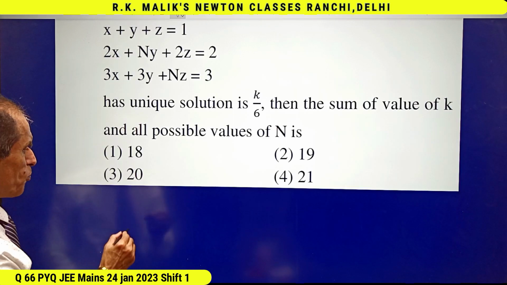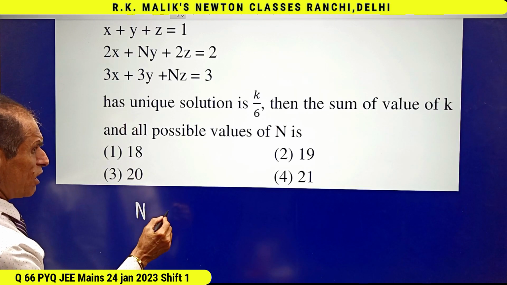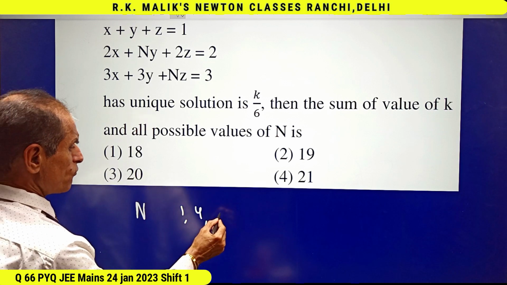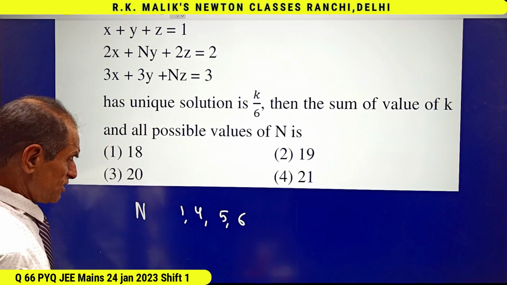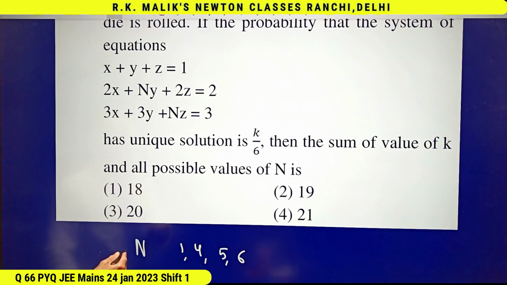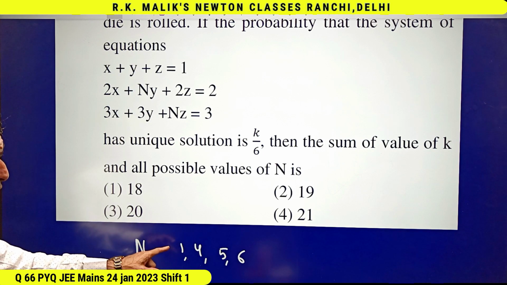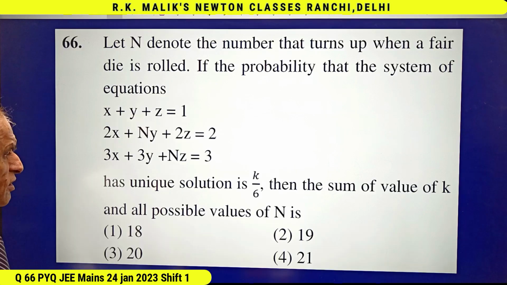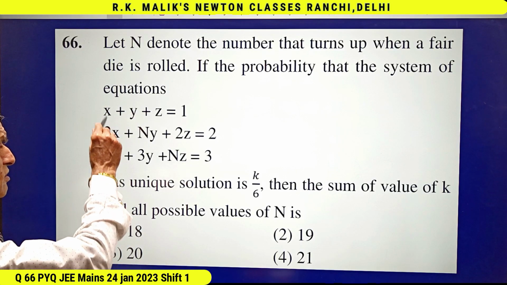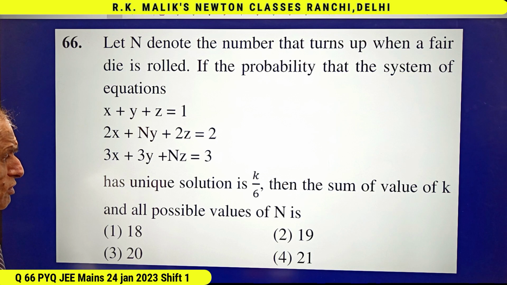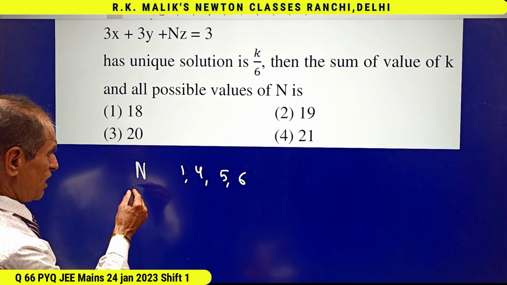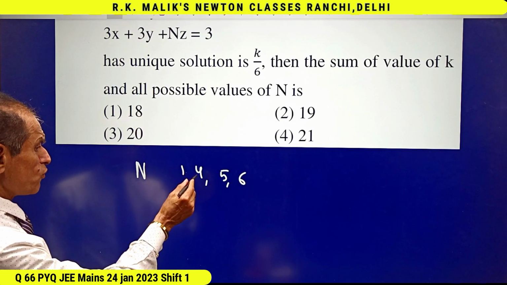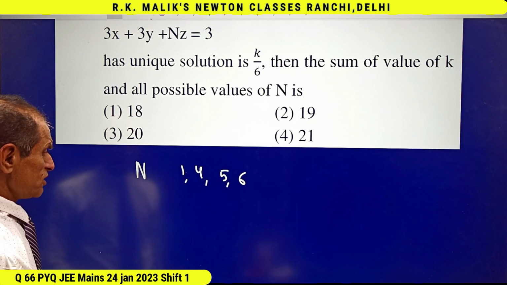That is, all possible values of n are 1, 4, 5 and 6, because n is the number which you get by rolling a die, and because 2 and 3 are not allowed, remaining possible values of n are 1, 4, 5, 6. Therefore, the probability that these three equations have a unique solution: n is either 1 or 4 or 5 or 6.